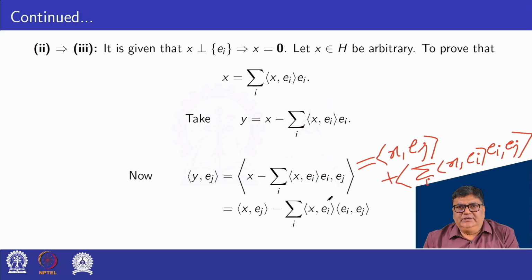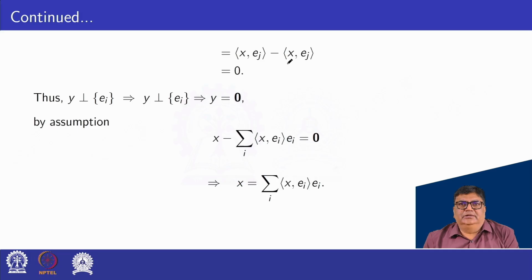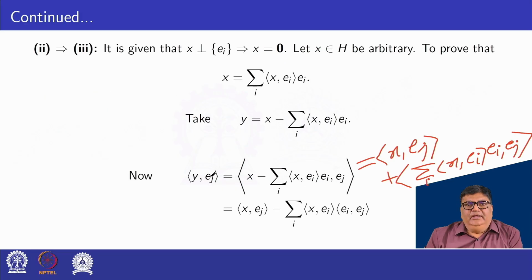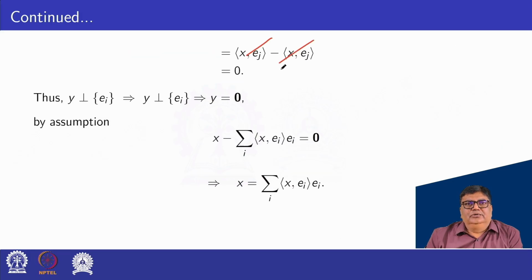So at the Jth term, this is the inner product of EI and EJ is equal to 1 and it will be x, EJ, and the others will be 0. That is this. And this cancels out. That is 0. Okay. Hence, the inner product of y and EJ is equal to 0.